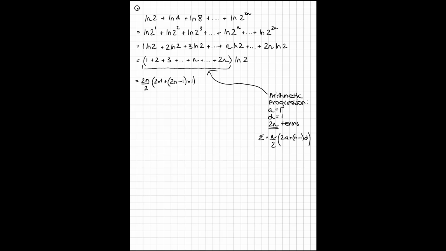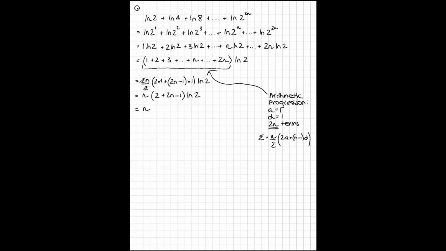That's essentially what's in these brackets, and then that's all multiplied by log 2. To simplify, the 2 divided by the 2 will cancel so that we end up with an n. Then 2 times 1 is just 2, and 2n minus 1 times 1 is just plus 2n minus 1, all multiplied by log 2.